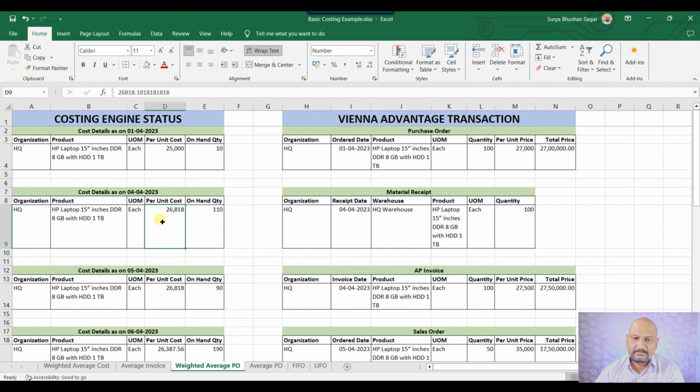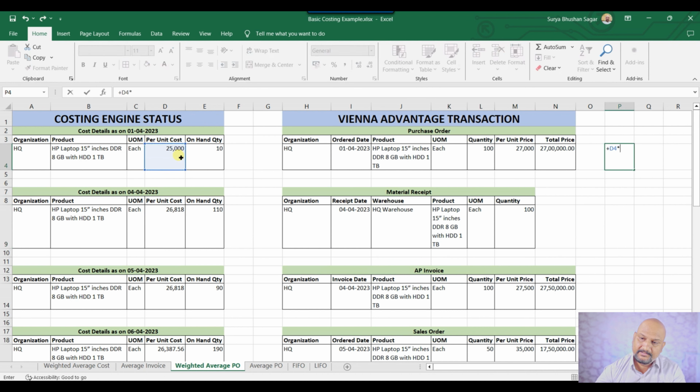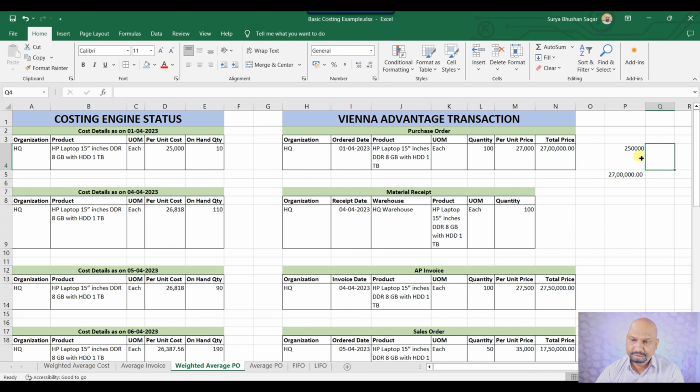Now the question is how this gets calculated. The calculation says it is 25,000 multiplied by 10, and then you have this value, that is 100 into 27,000. Then I have available stock 10 and my new stock that is coming in is 100.